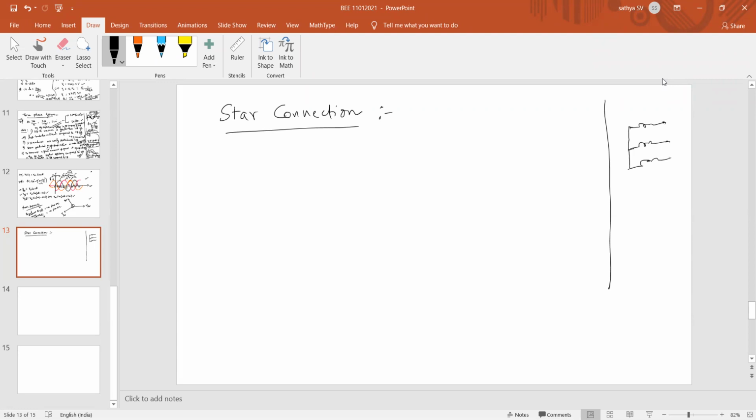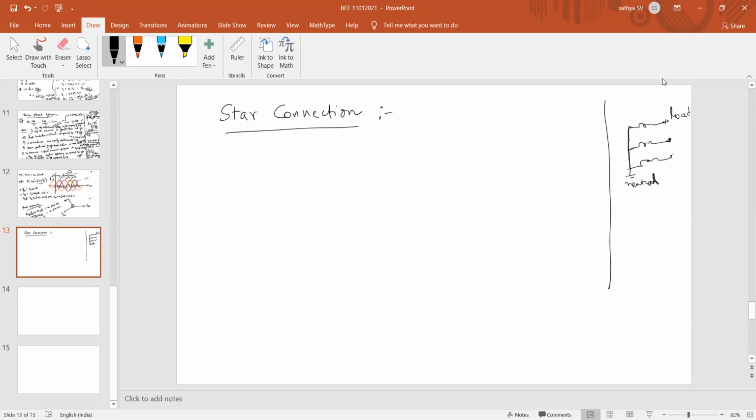All these ends are joined together to a common end. That is called the neutral point. And the remaining individual ends will be connected to your source or load. We can call these our load terminals. This is our star connection in general.